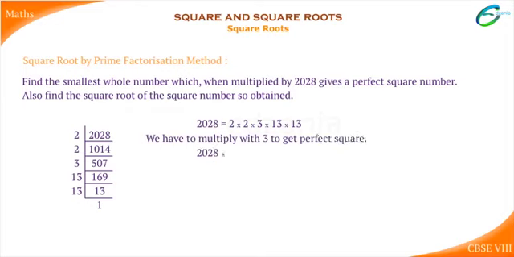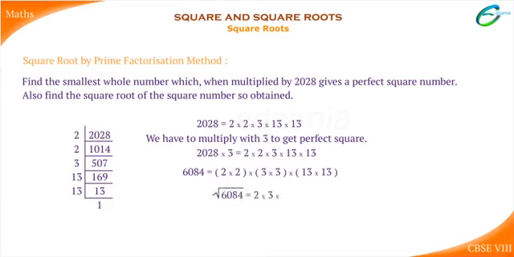2028 multiplied by 3 is equal to 2 into 2 into 3 into 3 into 13 into 13, which is 6084. Therefore, the square root of 6084 is equal to 2 into 3 into 13, which is equal to 78.